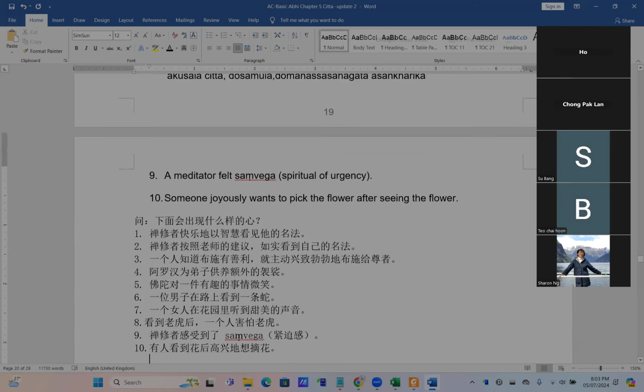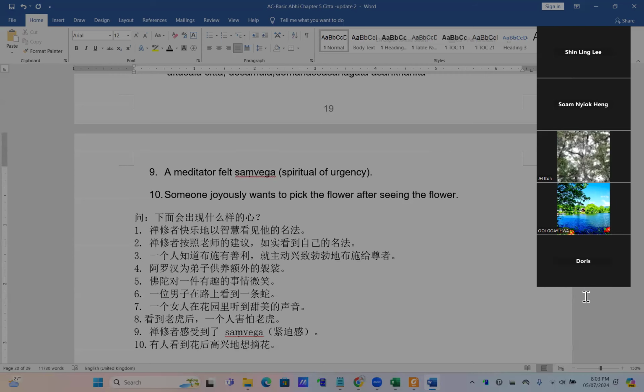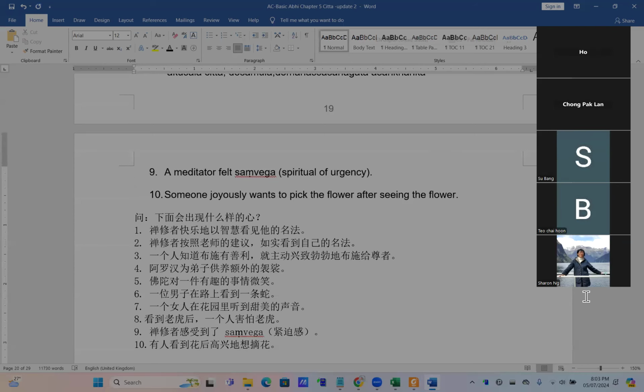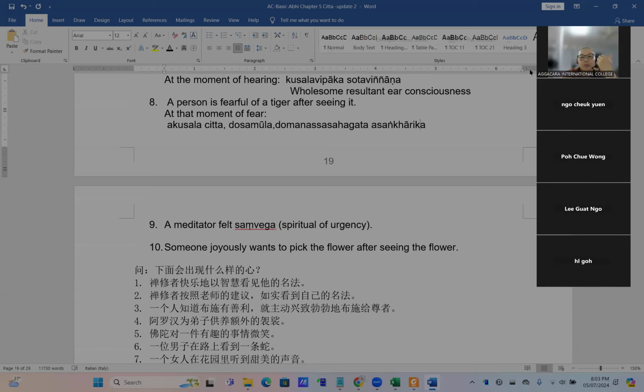Puelio answered the next one. Shinling wants to ask why it is unprompted. Isn't it prompted by the tiger? Yes, it is prompted by seeing the tiger. But we are talking about the moment of fear, the fearful feeling. It should appear automatically, right?